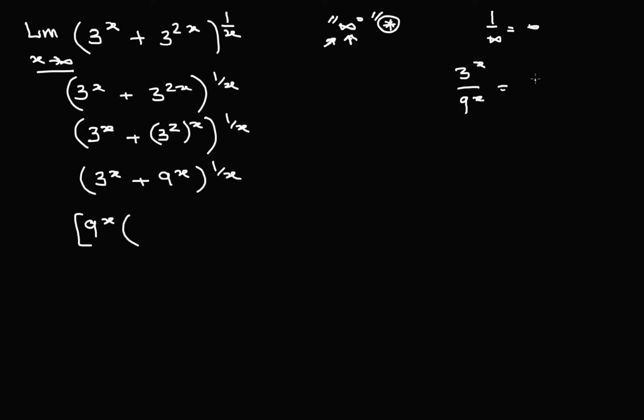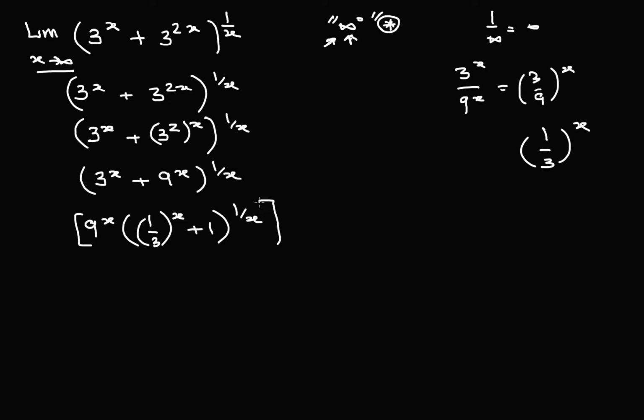Then we're going to have 3 over 9 power x. So this one gives us 1 over 3 power x. This is what we remain with here. That will be our quotient. So 1 over 3 power x, then plus 1, then power 1 over x.